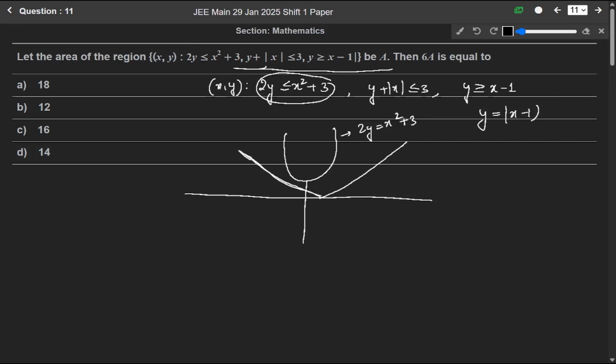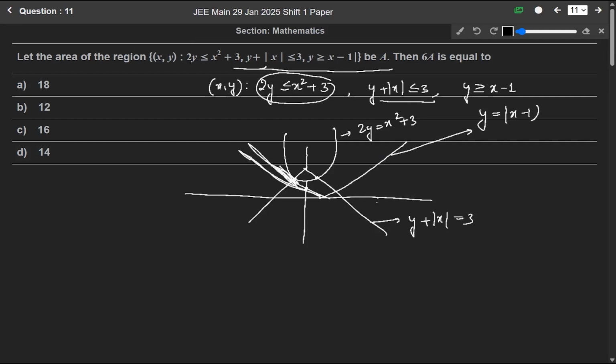This is a straight line, y equals x minus 1. And y plus modulus of x equals 3 is this line, the line which is saying y plus modulus of x equals 3.